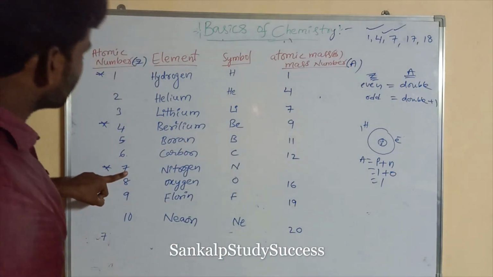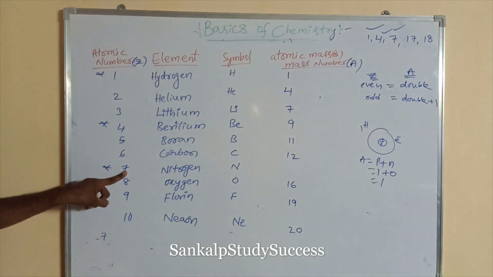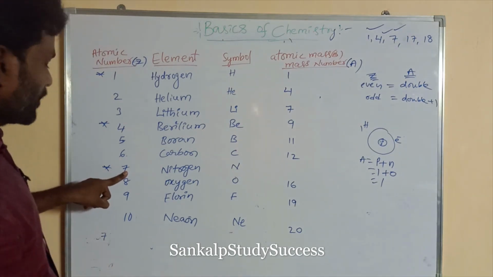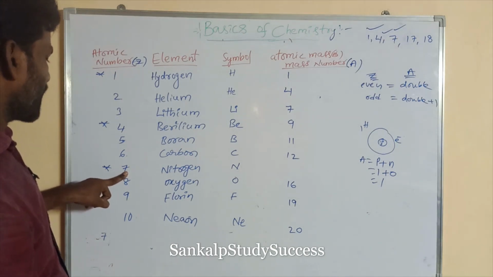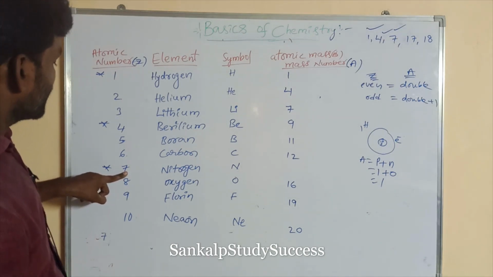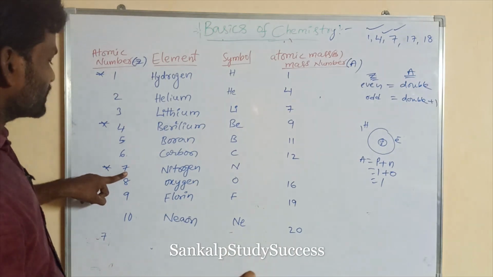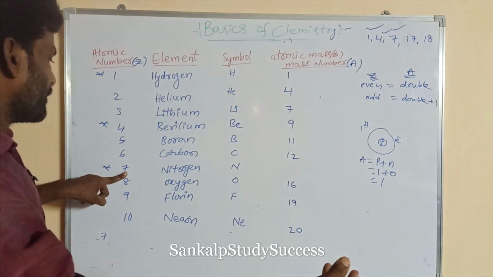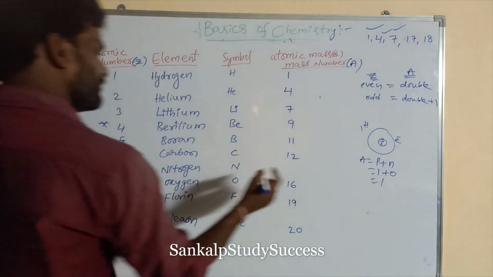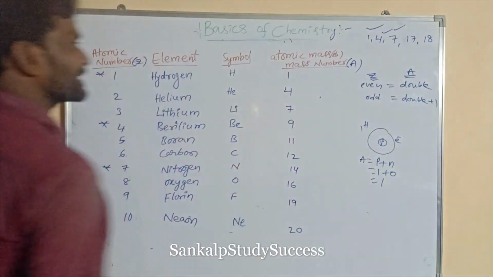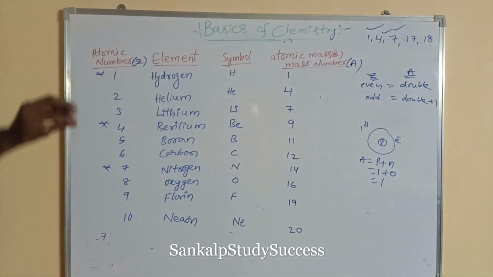Similarly, nitrogen 7 is the odd number, so it also cannot follow this rule. It follows the opposite. According to this rule its mass number would be 15, but opposite of the rule means act as an even number. 2 × 7 is 14.